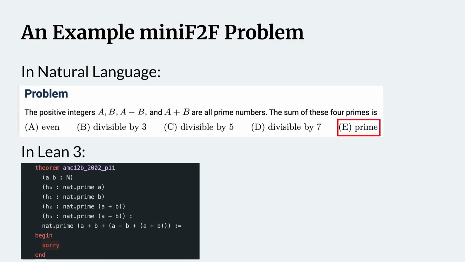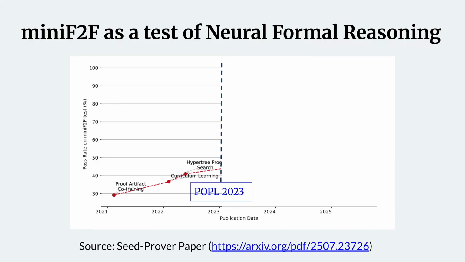As I was mentioning, originally it was in Lean 3. And this is important because if we look through the times in history, I've chosen to count in terms of POPLs.